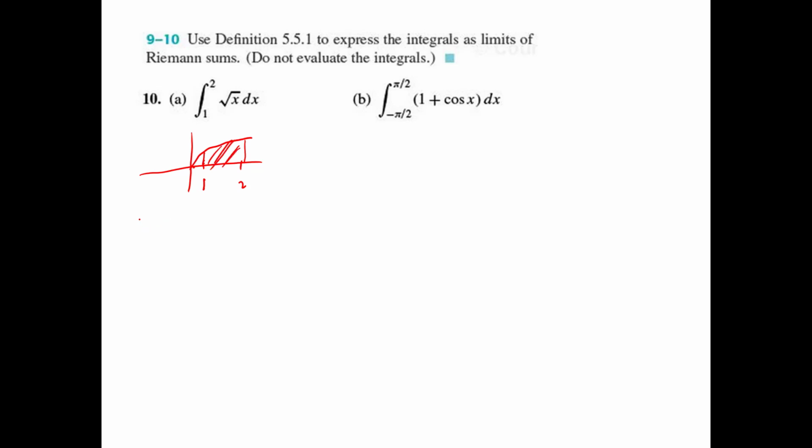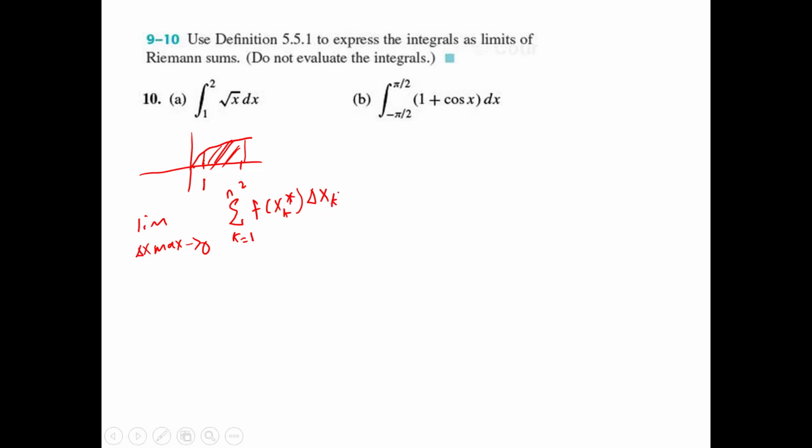And so this we found by taking the limit as the delta x max goes to 0 of the summation from k equals 1 to n of f of x sub k star times delta x sub k.